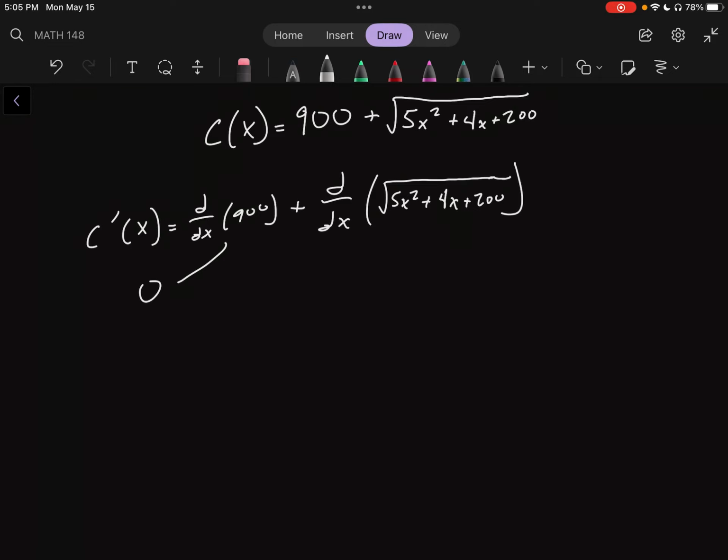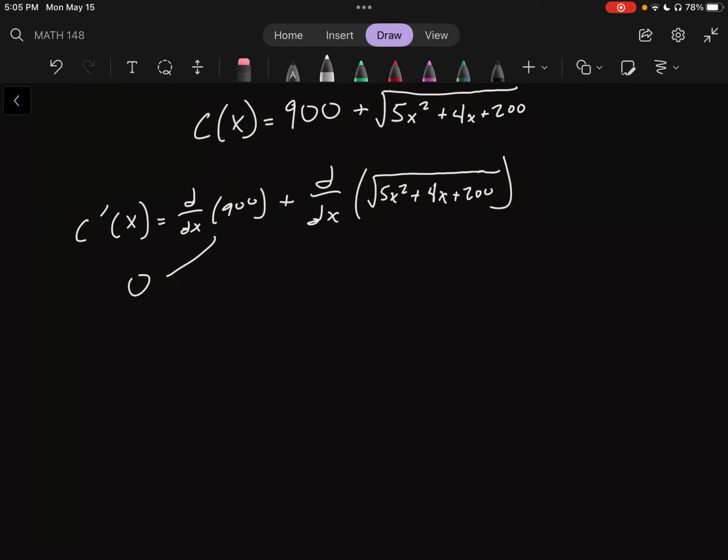We have to use the chain rule, right? Because this can also be said as the derivative of 5x squared plus 4x plus 200 raised to the half power, because that's what the square root means.